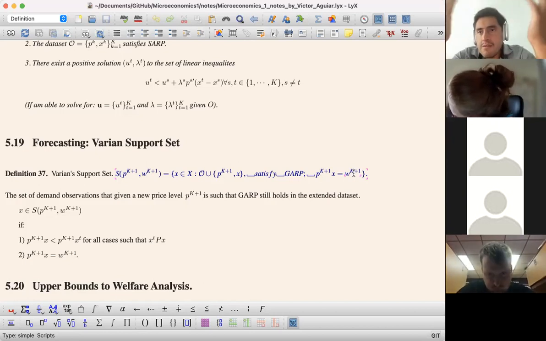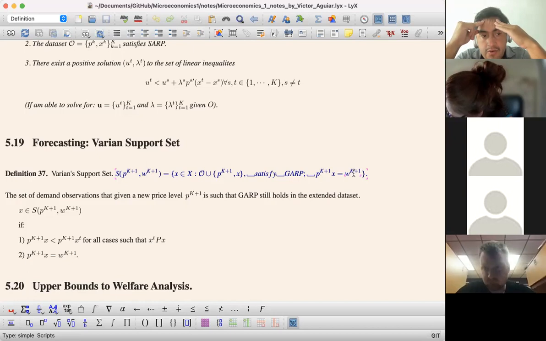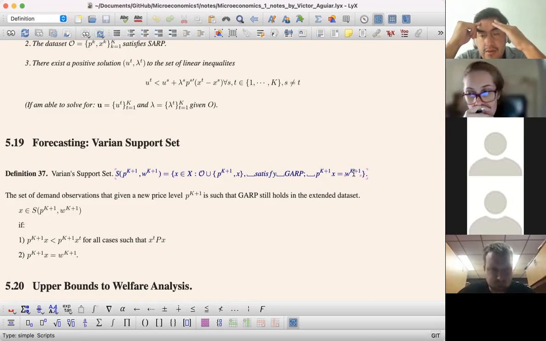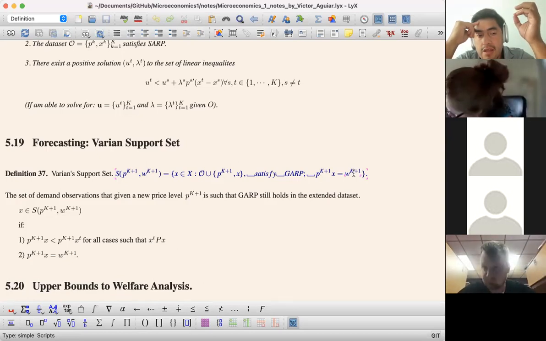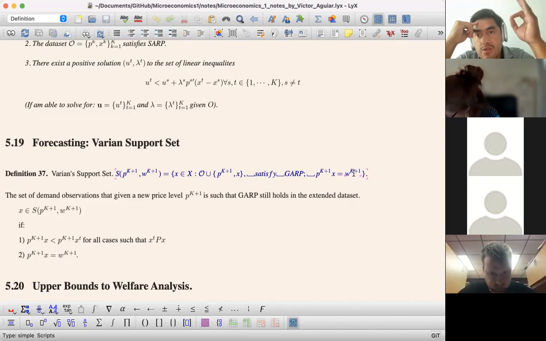So besides defining this, the rest is super simple, right? There's the set of demand observations that, given the new price level PK plus 1, is such that GARP still holds in the extended data set. Then X belongs to the supporting data set if PK plus 1 times X is less than PK plus 1 times XT, for all such cases that XT is strictly preferred to X, and PK plus 1 times X is equal to the income level.